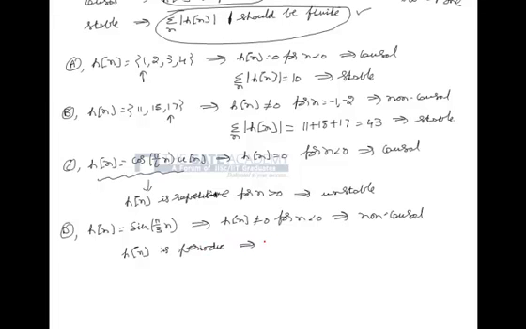That implies that the system is unstable because h of n wouldn't die out. So as per the given requirements of causality and stability, the correct option would be A.